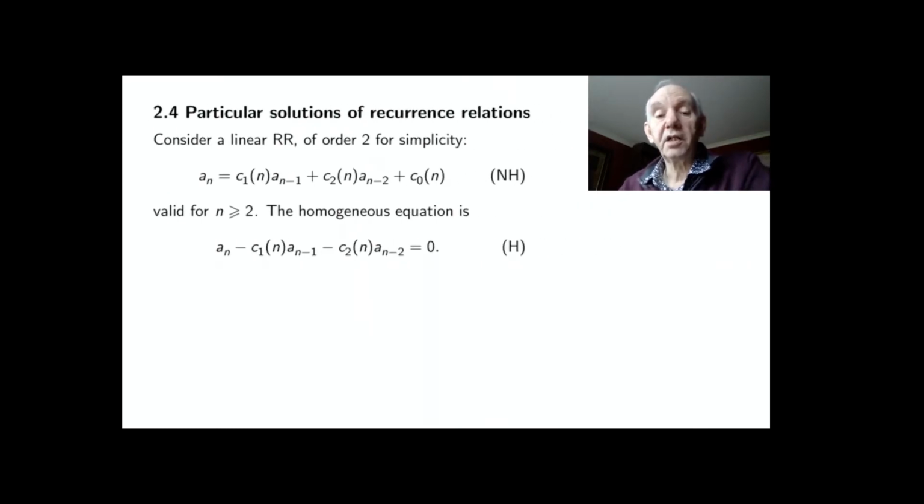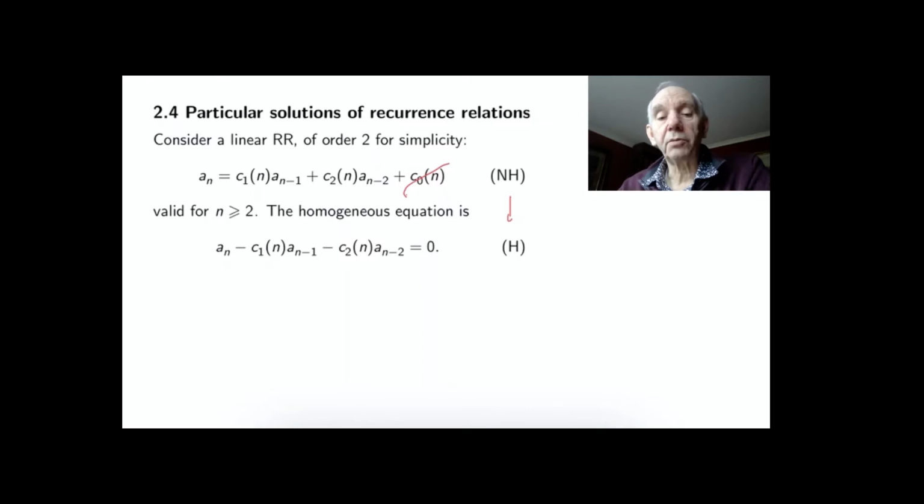So here's the associated homogeneous equation, which I denote by H. I've slightly rearranged it to put the sequences on the left-hand side, but all I've done, to go from NH to H, is eliminate the extra term.